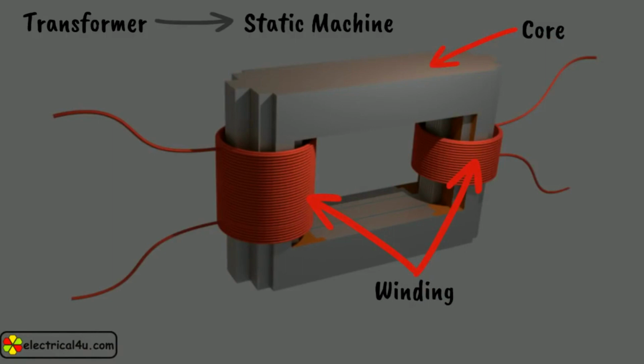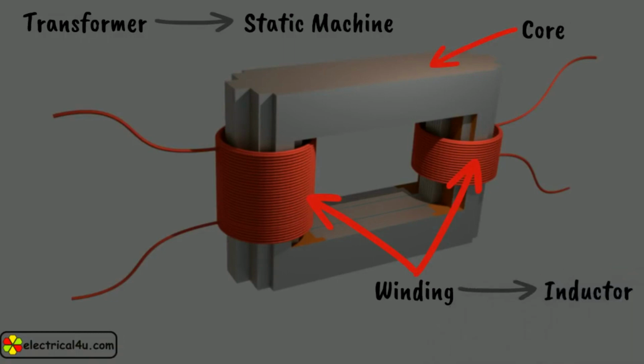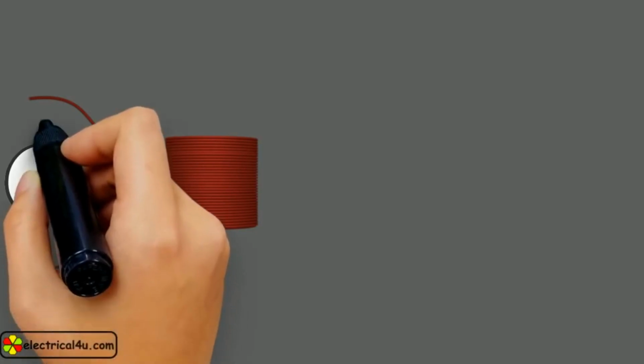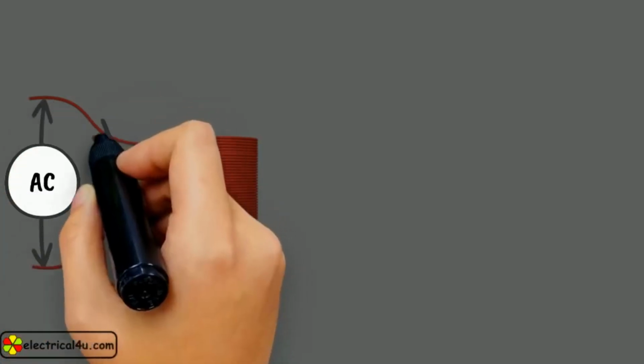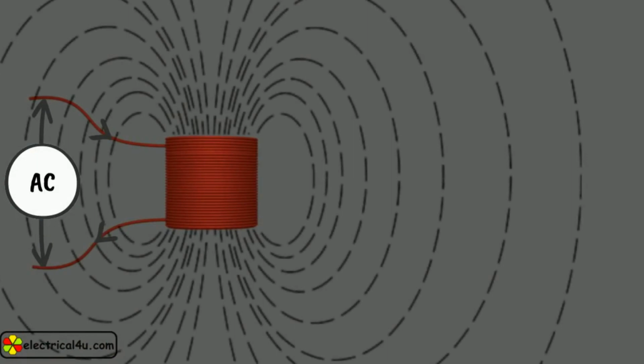Windings are in the form of coil made of a good conductor of current. The windings of a transformer play a main role in the machine. The winding coils behave as an inductor. When an alternating current is allowed to flow through any of the windings, there will be an alternating flux produced surrounding the winding.